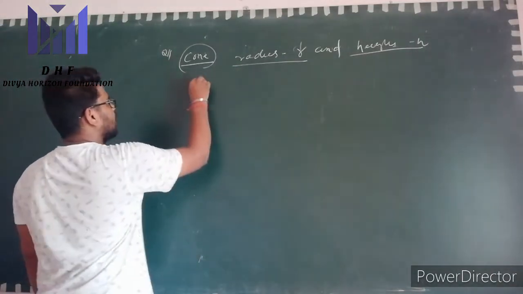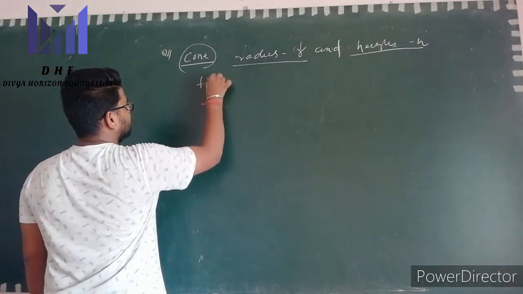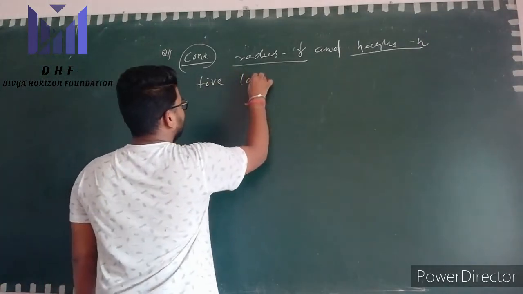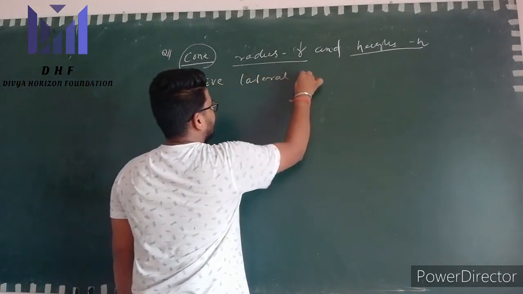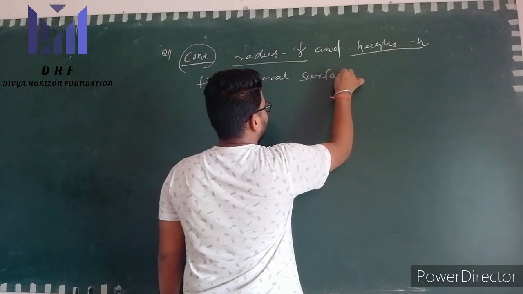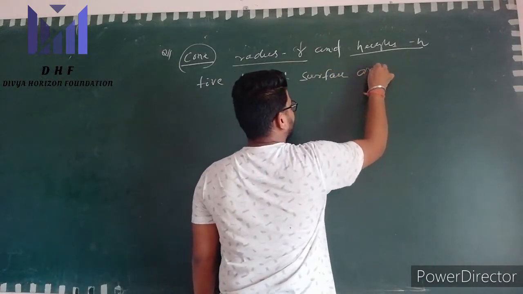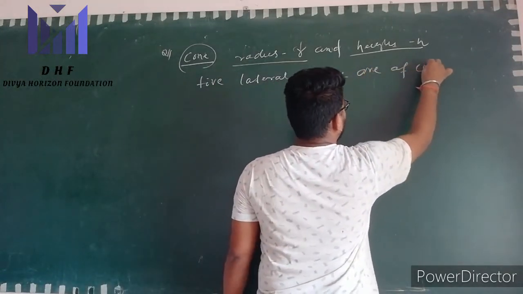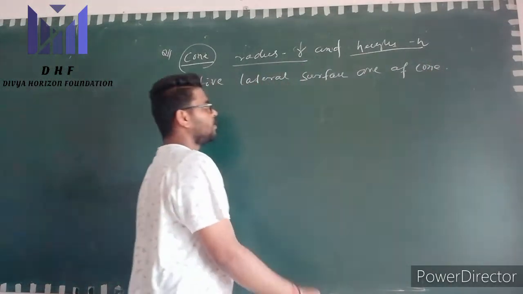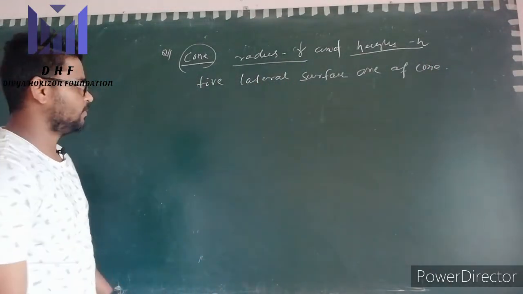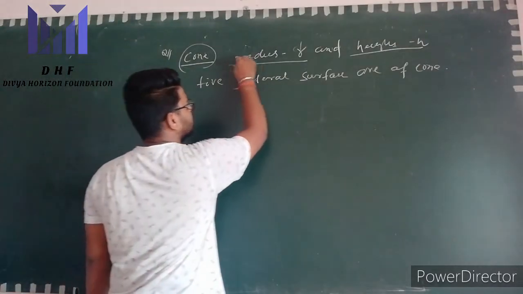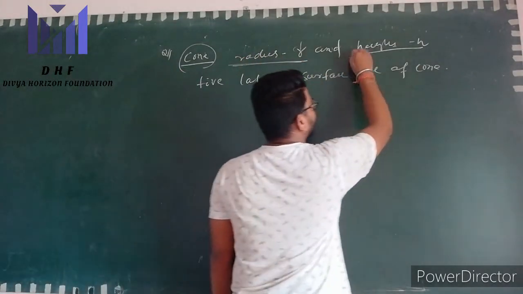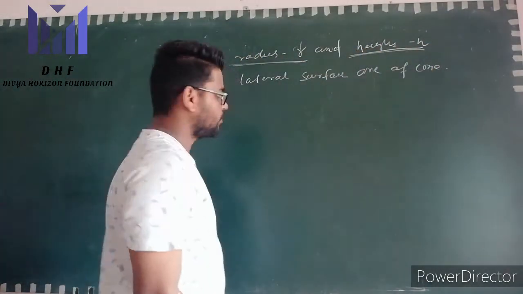Then find the lateral surface area of the cone using definite integral. Now we have the radius of a cone and height of a cone.